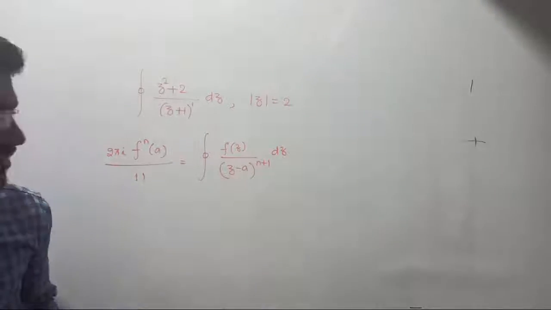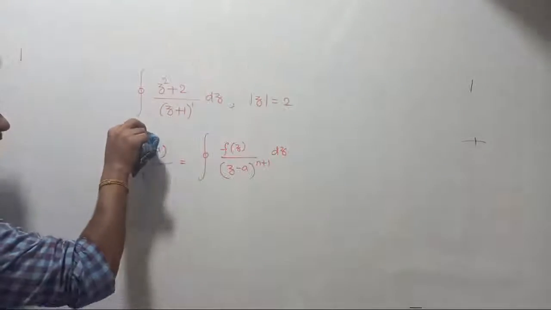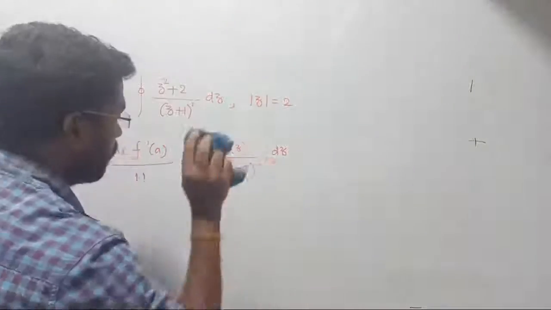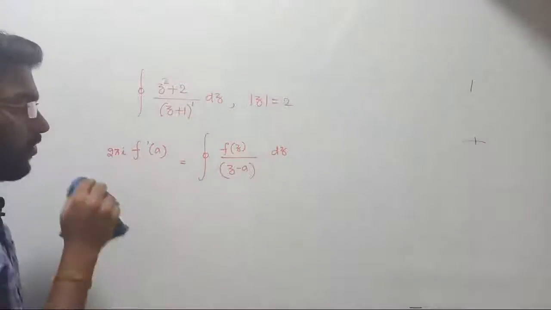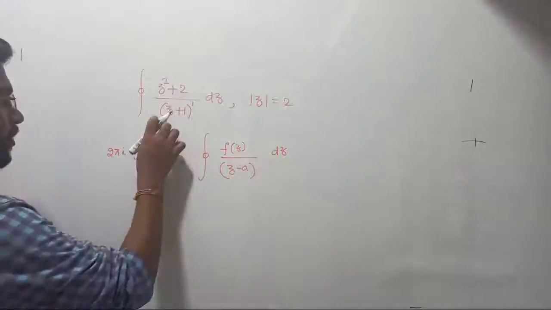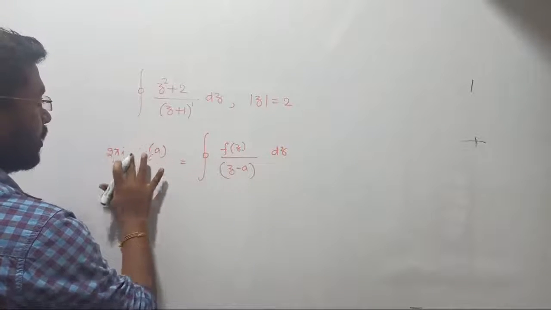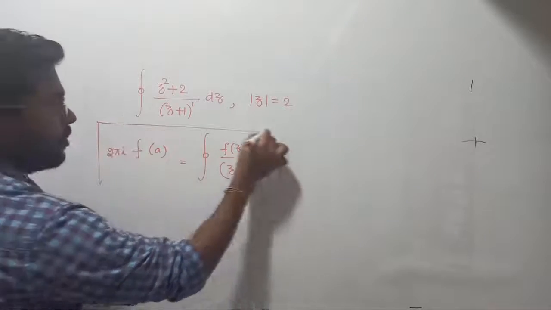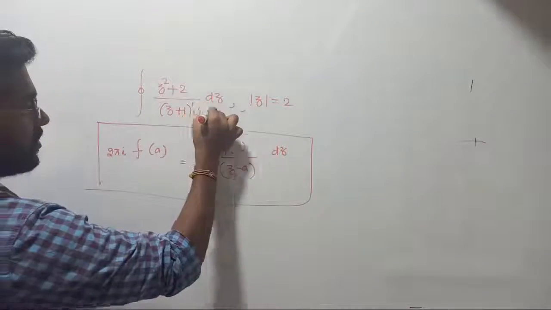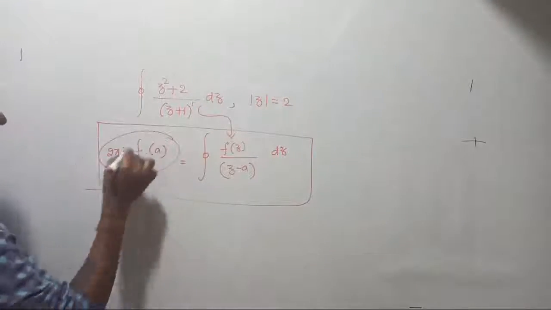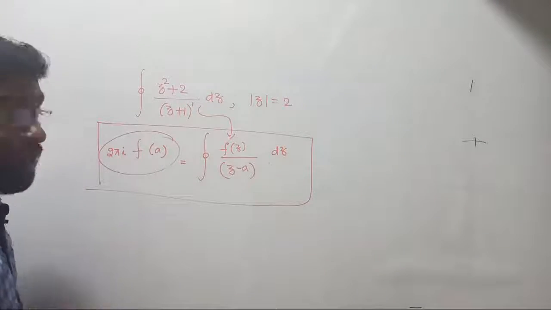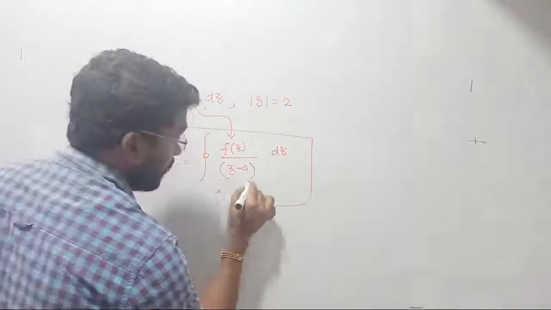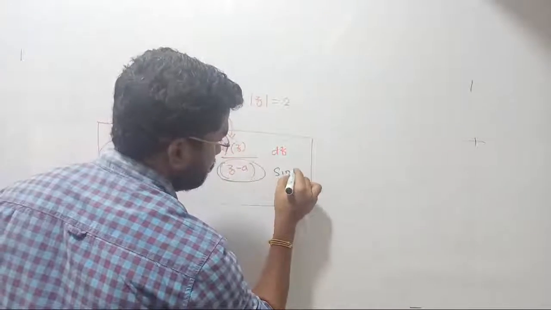So what I am saying is, simply we can write it like this. Let me generalize. There is only one pole, a single pole. The order is given like this, so your answer is going to be this. Given the function, you have to find this value. Guys, listen. Here z minus a denotes the singular point.